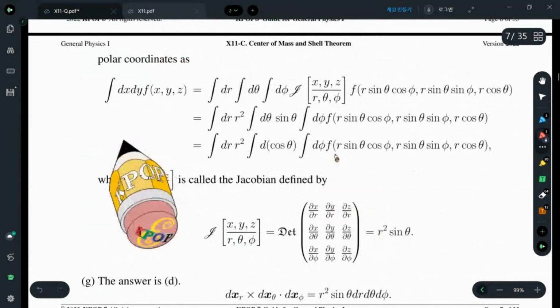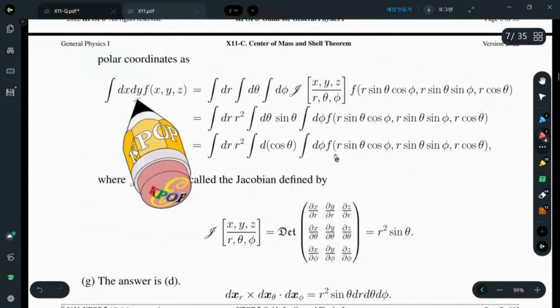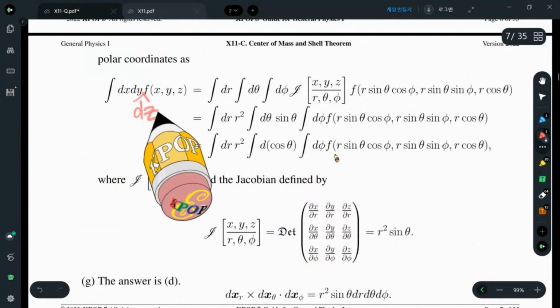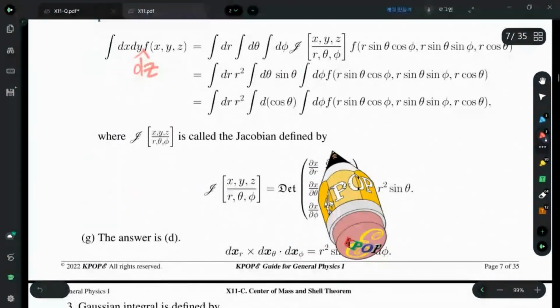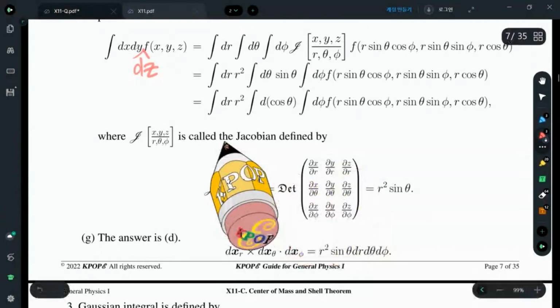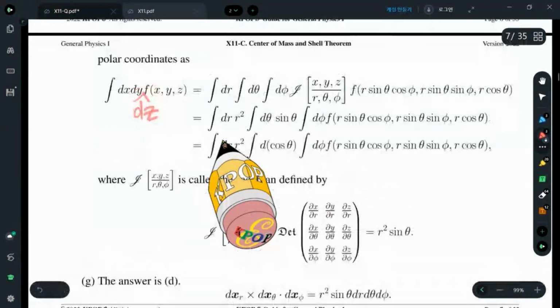Finally, at the end of the day, dz is missing. Until dx, dy, dz. Missing.